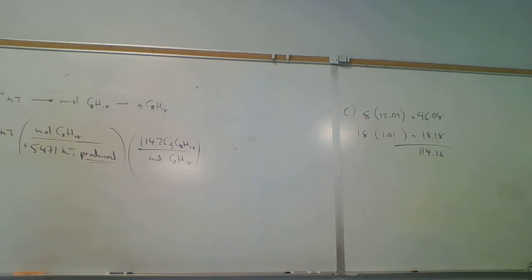And so how many grams of octane will we have to burn to produce this much energy? So let's punch that out. 9.05 times 10 to the 4th divided by 5,471 times 114.26.